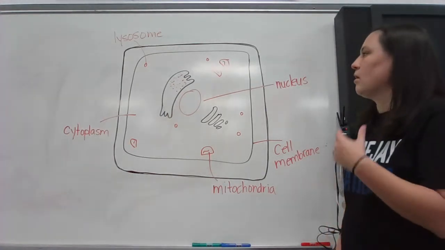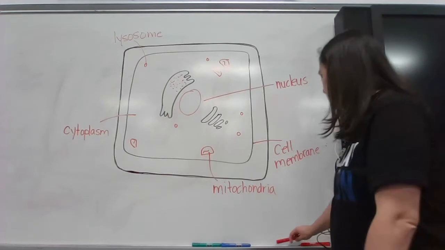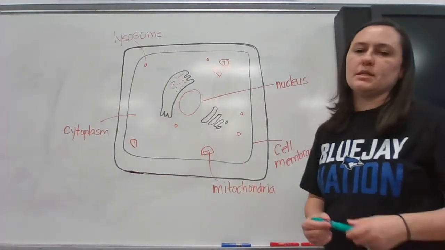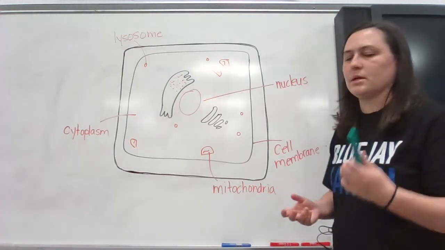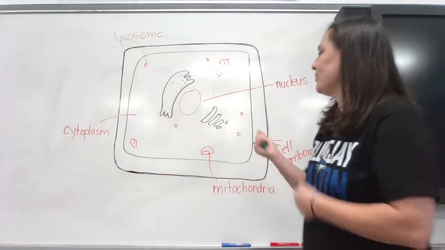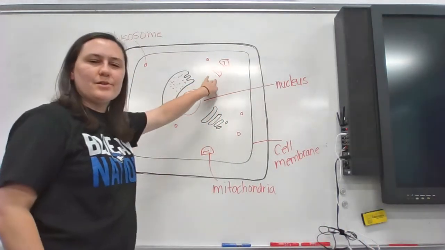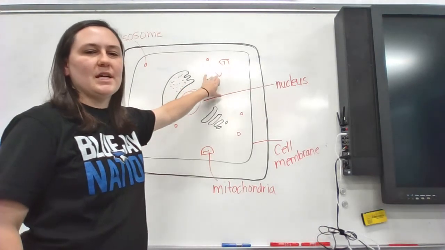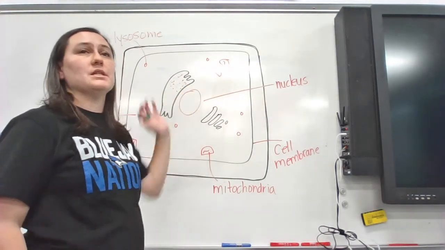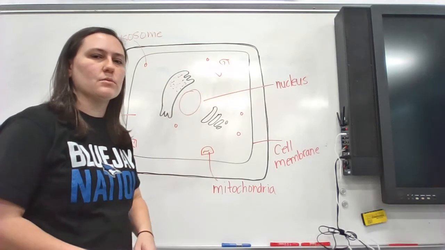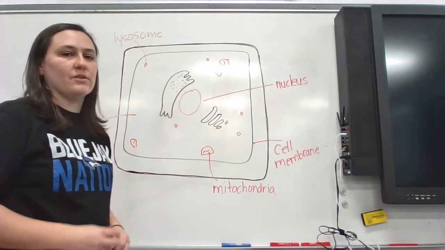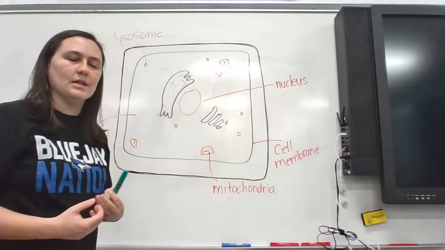So now we're on to our differences. Now I'm going to use green to represent the differences because plants are green. So, first of all, this next thing is sort of like the mitochondria, but with the mitochondria, it takes food and makes it into energy. If you think about how animals get food, they eat, they take something in.